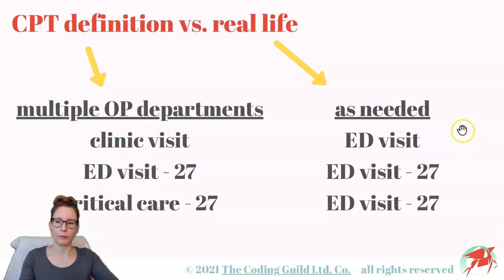In real life, though, we can use this modifier on evaluation and management codes as needed, regardless where they occur. If, for example, the patient has 3 emergency department visits on the same day, then the facility will charge 3 ED-EM codes, the second 2 with modifier 27.